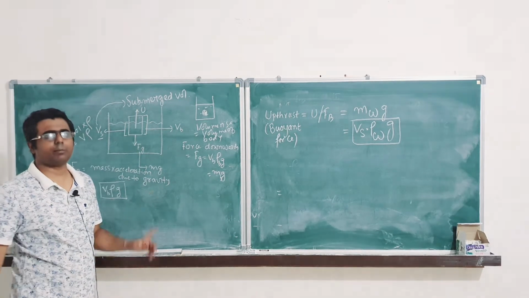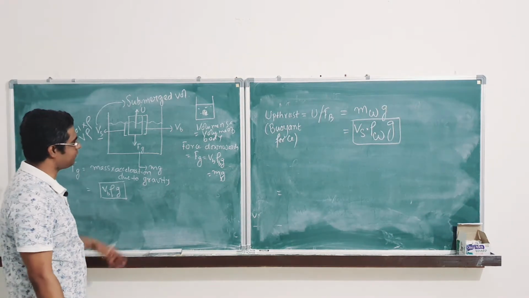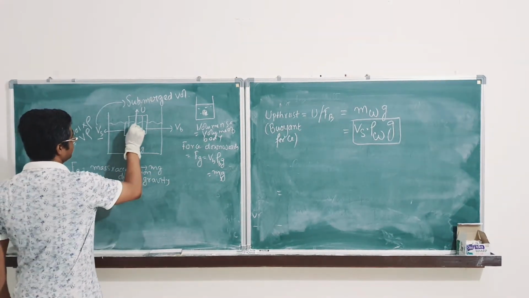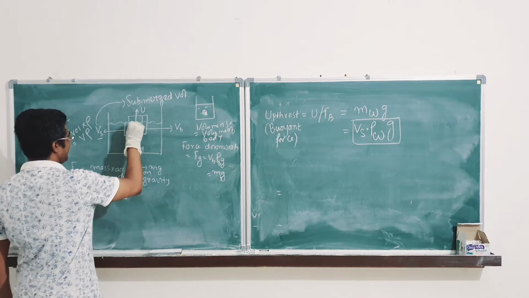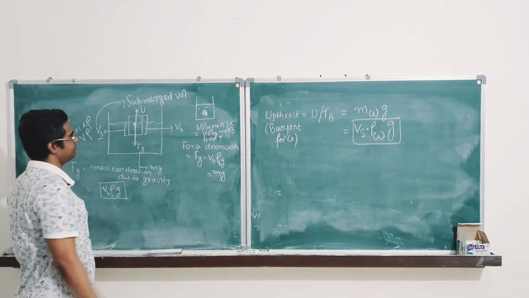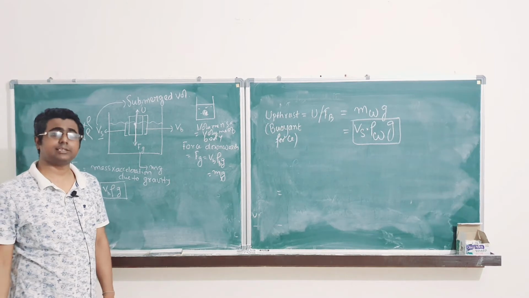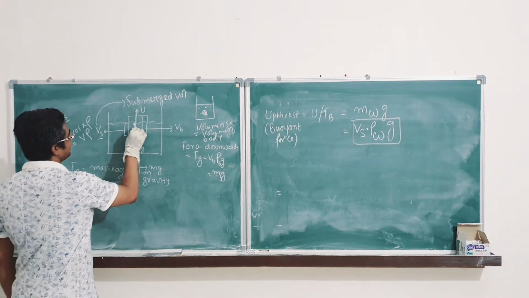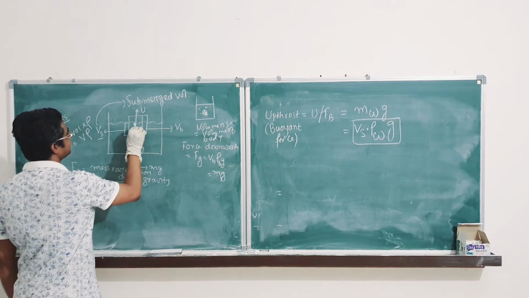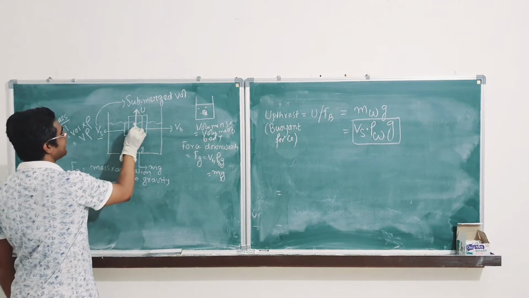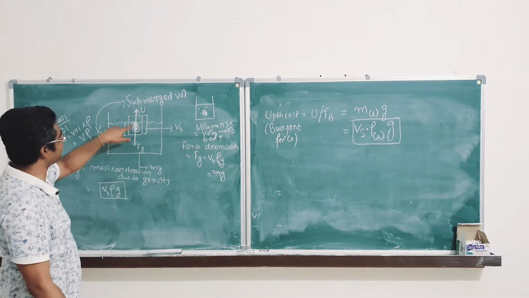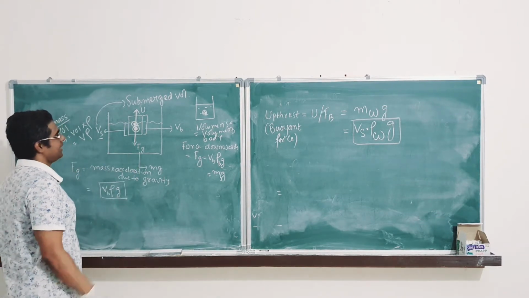See, while we talk about the force of gravity, we can understand the force of gravity is dependent on the whole body volume. So whole body volume basically acts at the center of the body, and the upthrust is dependent on the submerged body volume. So upthrust will be acting on the midpoint of the submerged part, and gravitational force will be acting somewhere here.